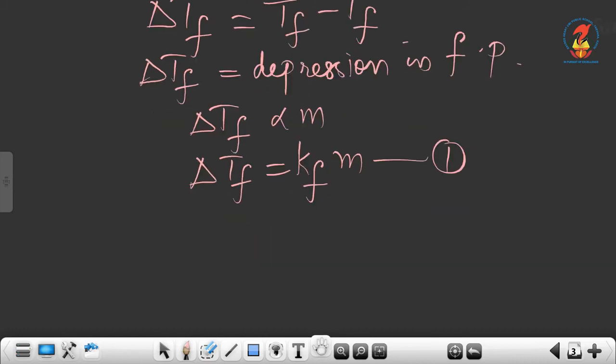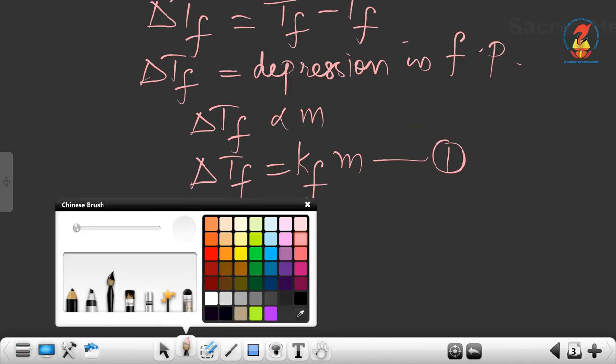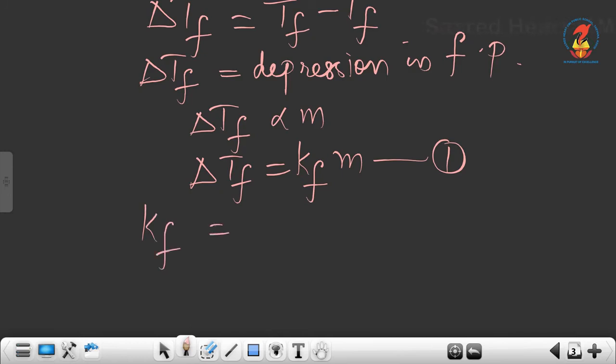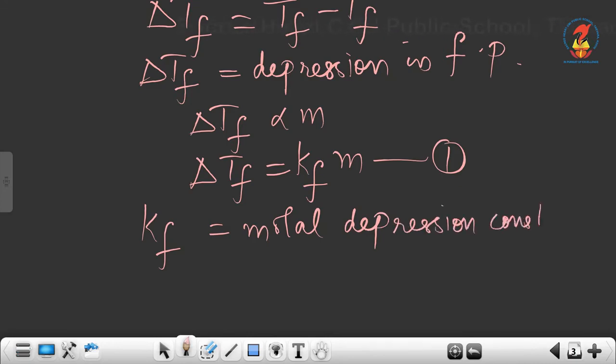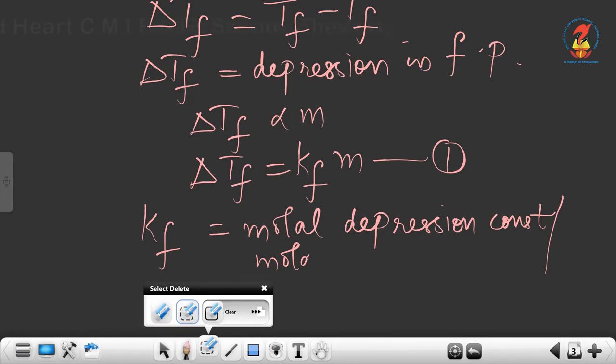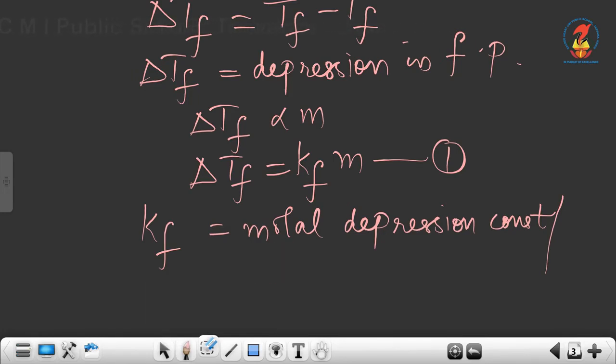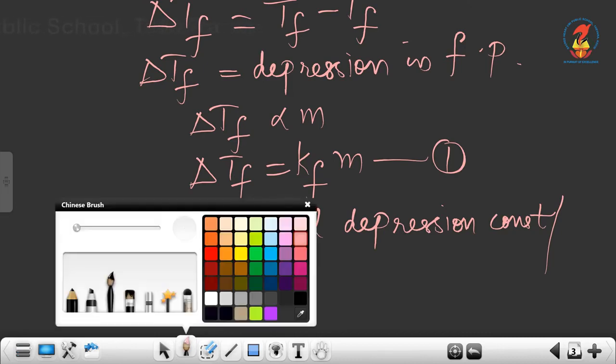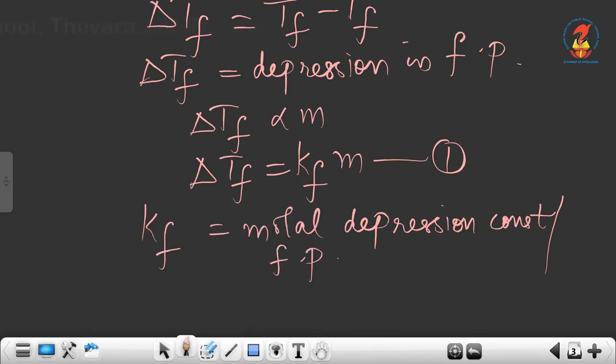I am going to give this equation number 1, where Kf is called the molal depression constant, or molal freezing point depression constant, or cryoscopic constant.